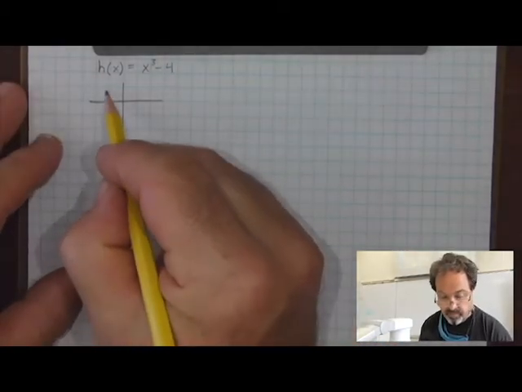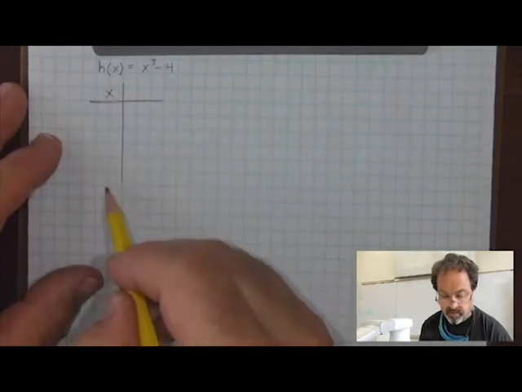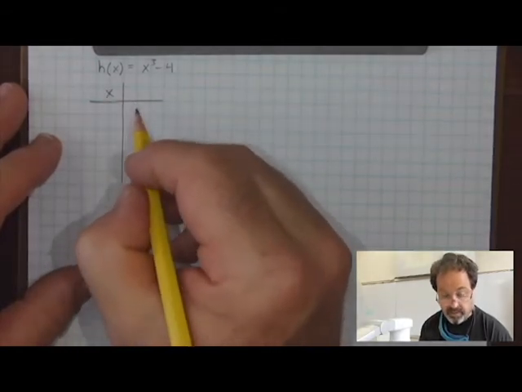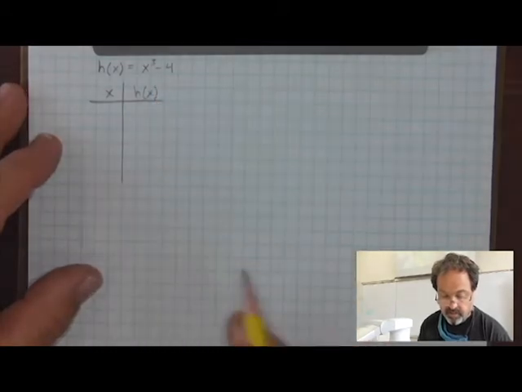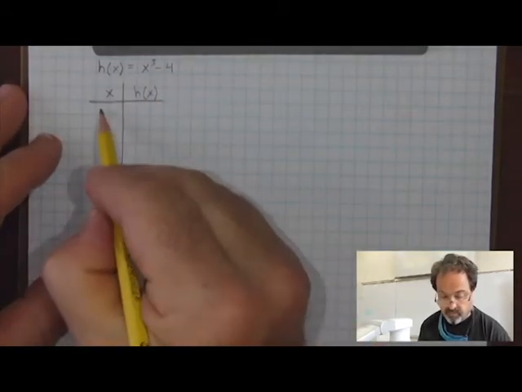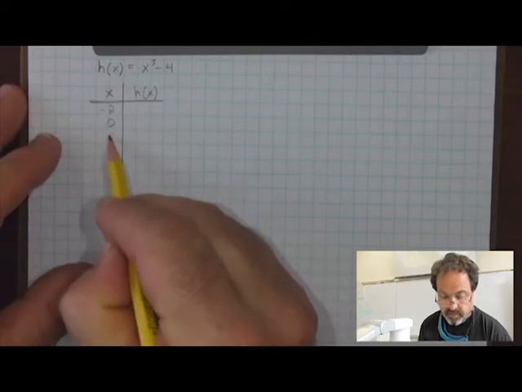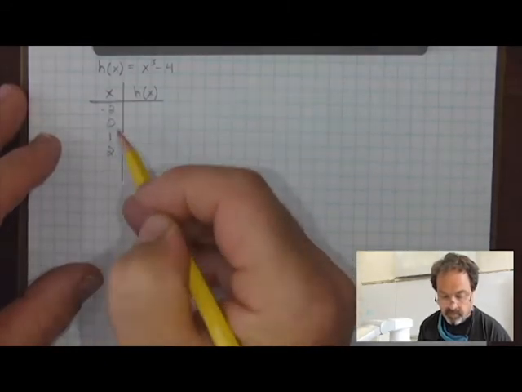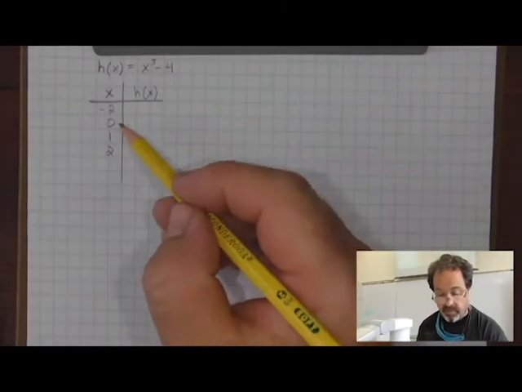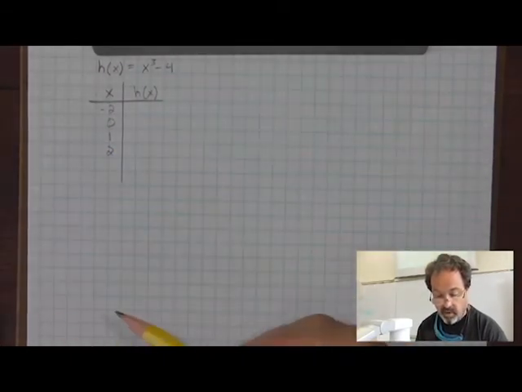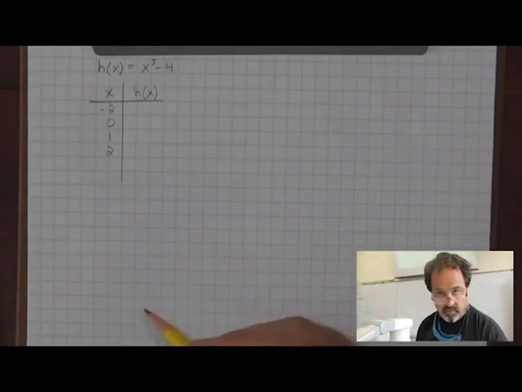So the table method, or t-table method of graphing: choose a column for the input x and a column for the output h of x. Make some initial choices for the values of x. I prefer these 4 values because they're easy numbers to work with, and it includes a negative and often a very important number, 0.